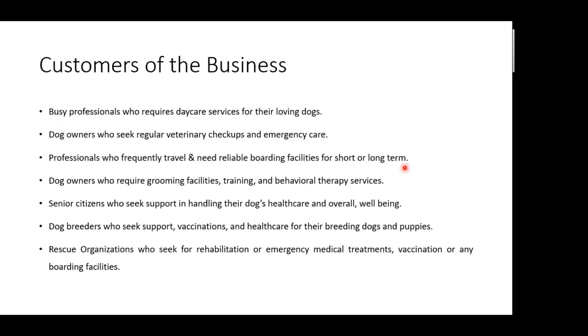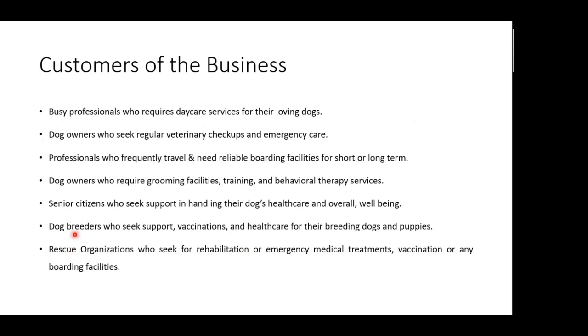So likewise, in your business, you have to very carefully scan who the customers are. And then in your proposal, you should explain who your customers are. But here in the slide, I have put them as points, like 1, 2, 3, 4.